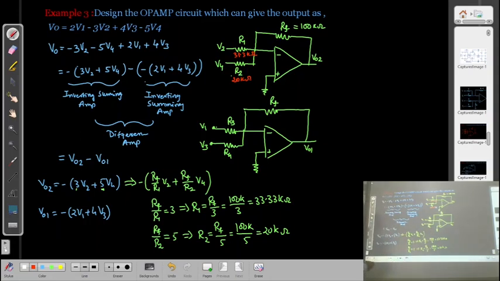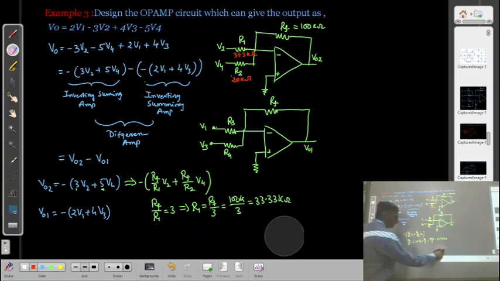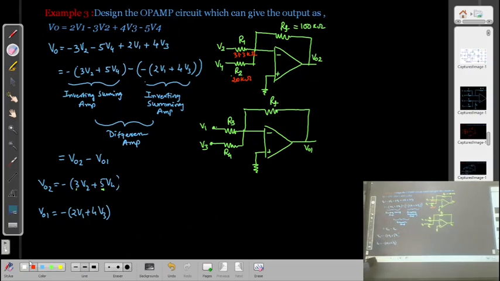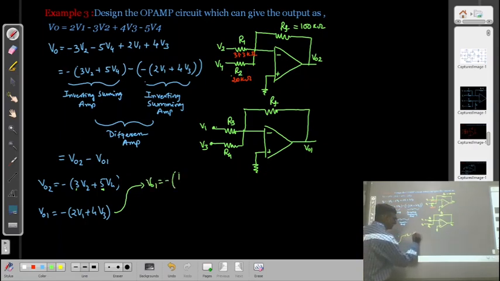Now we will calculate for another summing amplifier. What is another summing amplifier? That is 2V1 plus 4V3. So here VO1 will be equal to minus RF by, in this case it is R3 into V1 plus RF by R4 into V3.